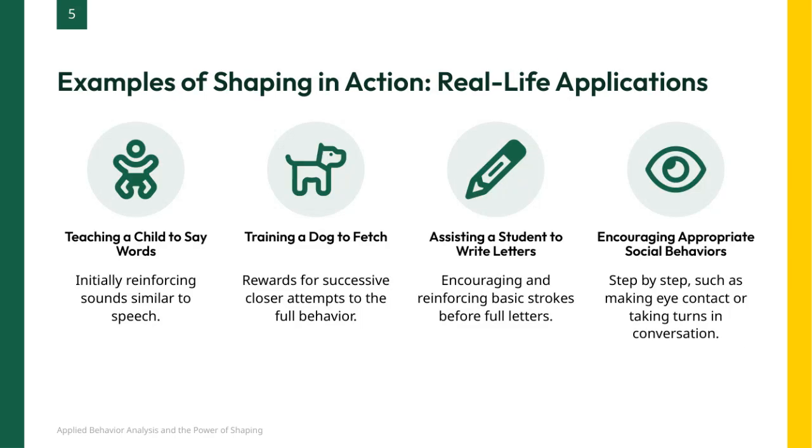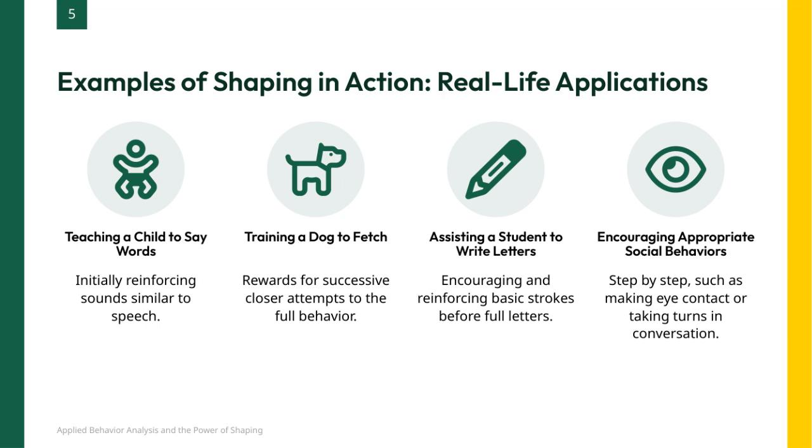Here we see several real-life examples of shaping in action. First, when teaching a child to say words, we start by reinforcing sounds that are similar to speech and gradually guide them toward the full word. For training a dog to fetch, reinforcement is given for behaviors that get progressively closer to the desired action, like picking up the object and eventually bringing it back.